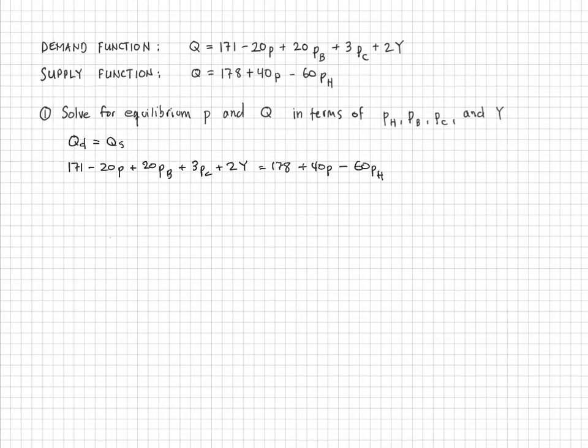And now I'm just going to solve for the price, p. So I just want to set all the p on the left-hand side and everything else on the right-hand side of the equality sign, and then go from there.